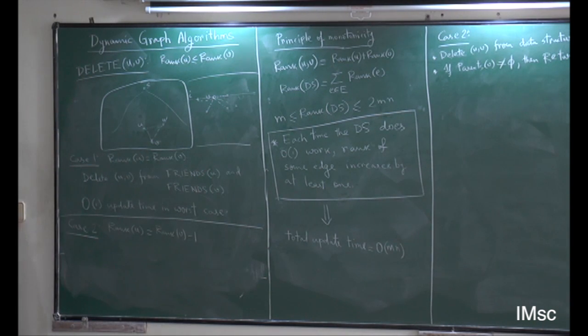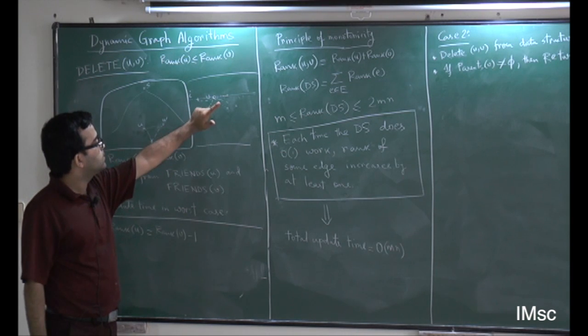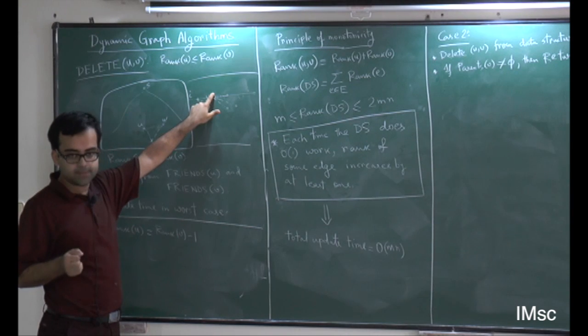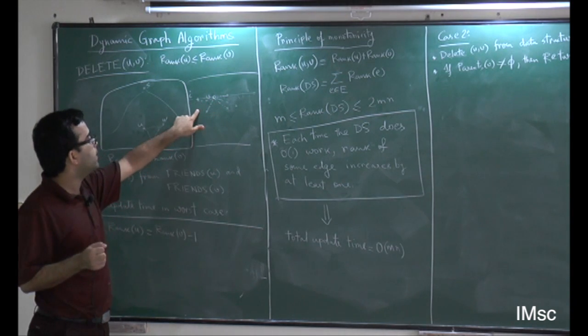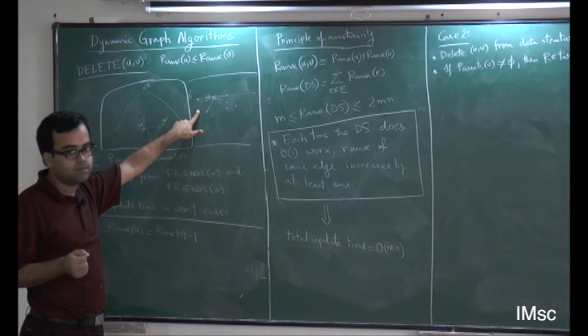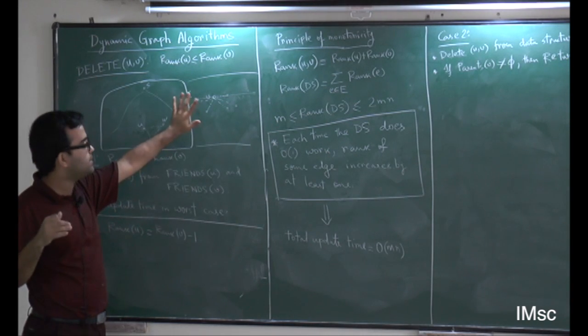Okay. What will you do? You know for sure that if V has some friends, then V can settle in level I plus 1, right? So, we will just consider these two cases separately, but they are basically just one case.